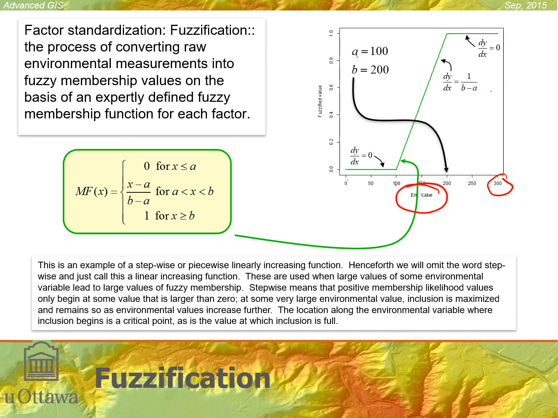The a and b correspond to locations on the x-axis, and so they are specific to the range of the environmental value being fuzzified. Once it's fuzzified, then we have a layer which ranges for every cell between 0 and 1. And that becomes a fuzzy layer, or fuzzy factor.